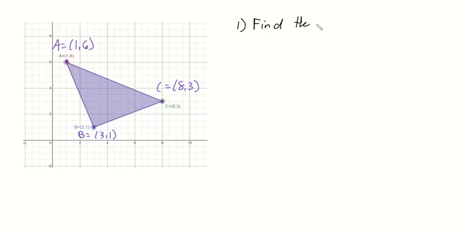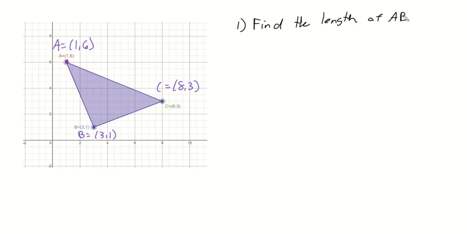Okay, if I asked you to find the length of AB, what would help us find the length of AB? What formula from the past helps us find the length of the side, or just the length of a line?